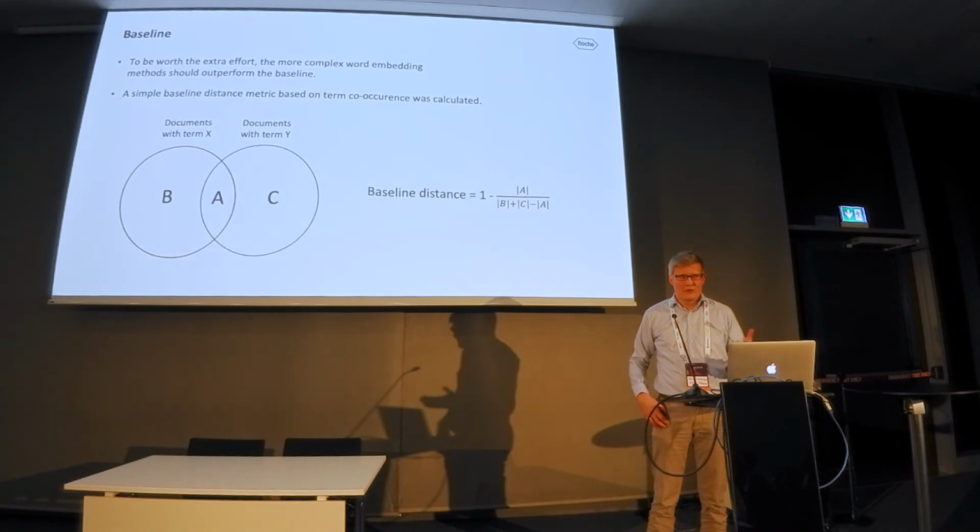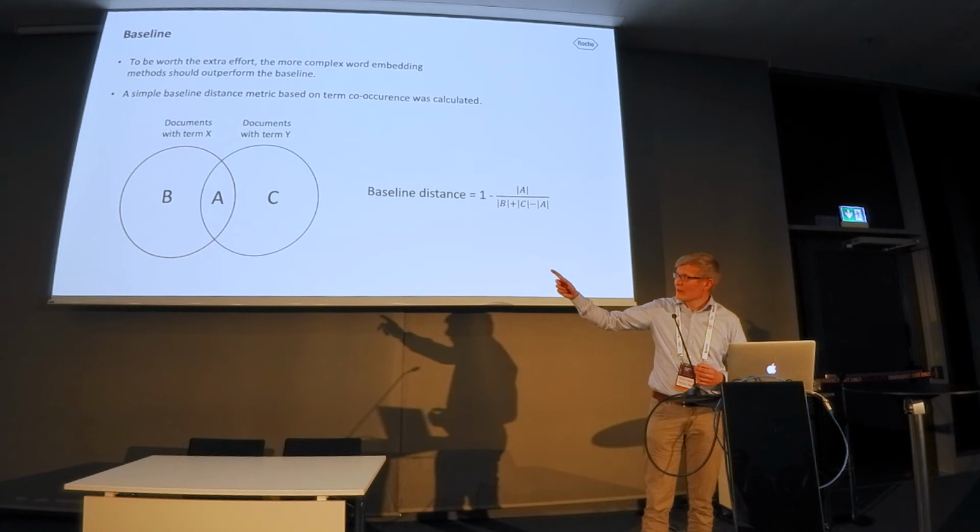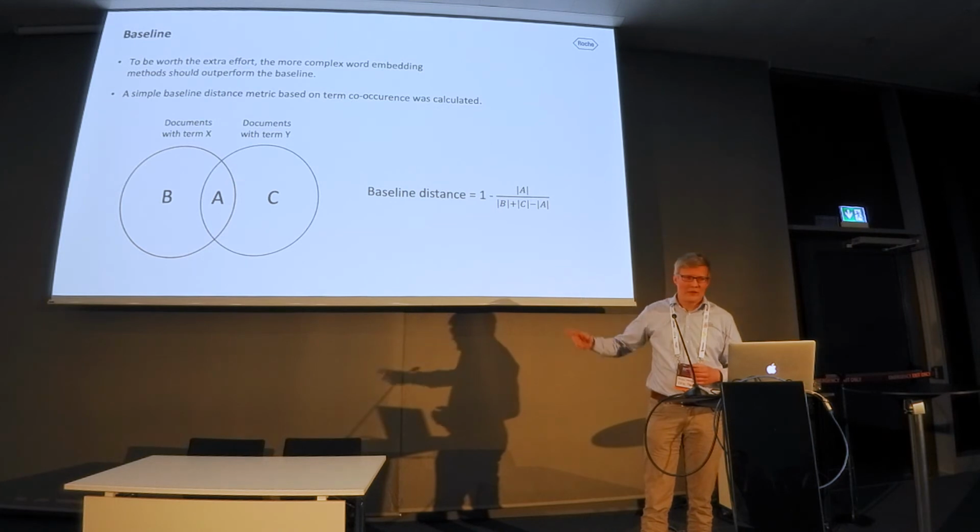As my baseline, if you use a fancy methodology like this, you have to have a very simple baseline. As a baseline, I calculated the overlap of documents that 2 terms appear in. For example, in the red circle we have documents which contain the term X, which could be your MedDRA term, and in the blue circle we have all the documents in your corpus which contain the term Y, which could be your ICD term.